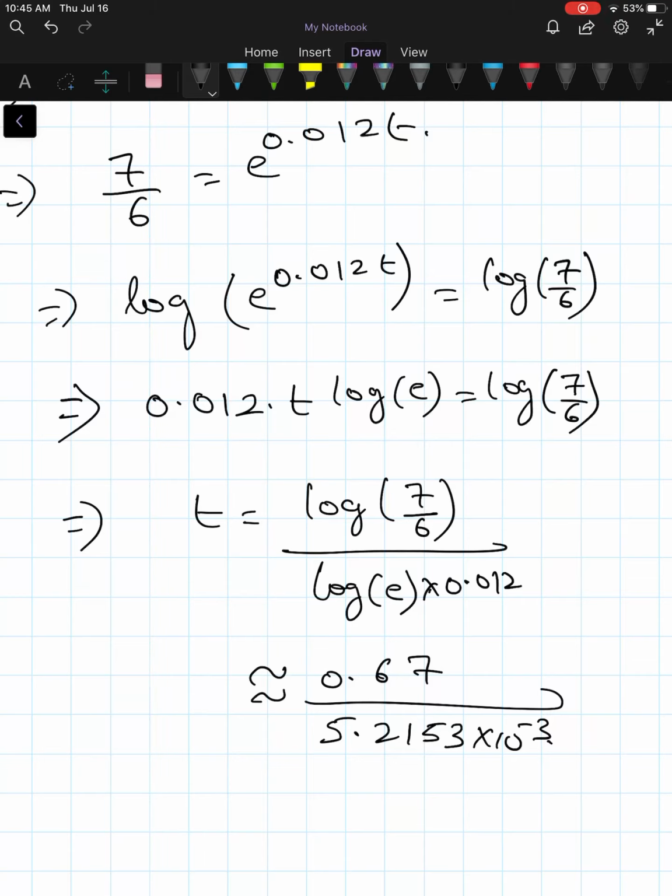Okay, I lost track. So log 7 divided by 6, divided by log of e times 0.012, correct?